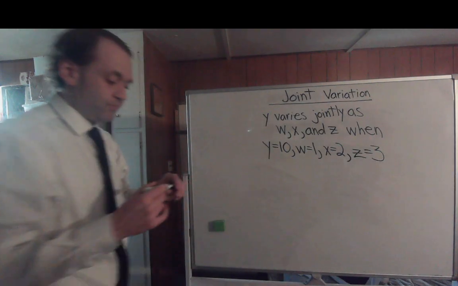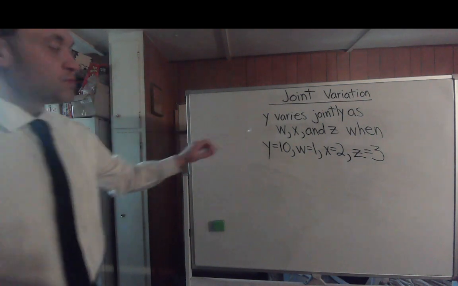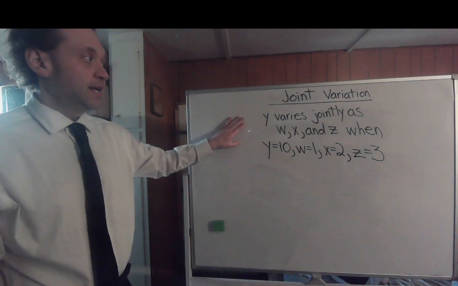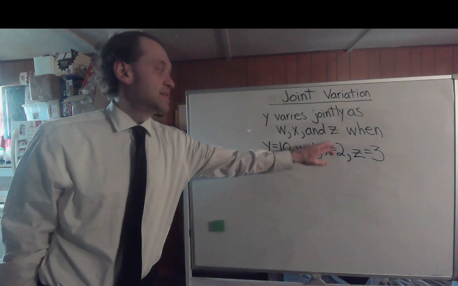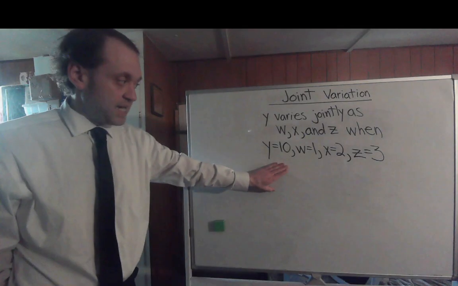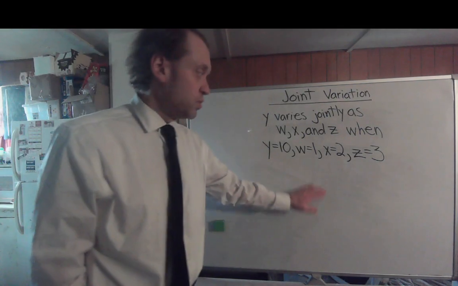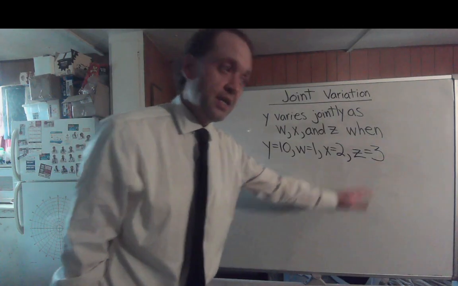Okay. So this one is y varies jointly as w, x, and z when y equals 10, w equals 1, x equals 2, and z equals 3.